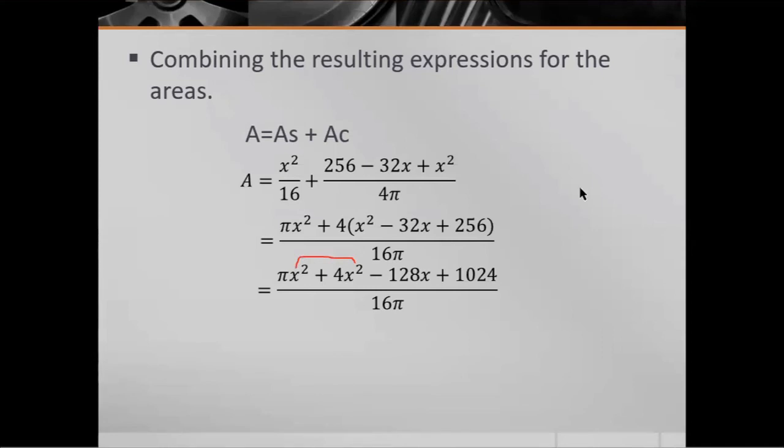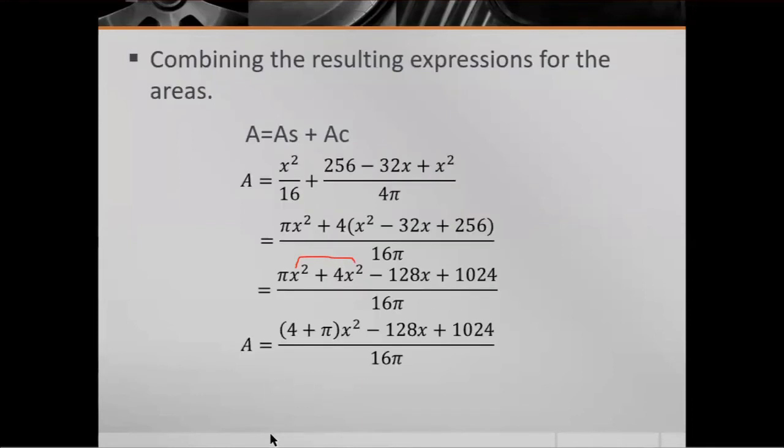Kaya ang mangyayari ngayon ay quantity 4 plus π, x square minus, bring down 128x plus, bring down 1024 all over 16. So ngayon, ito na ngayon yung magiging total area ng square and yung circle.